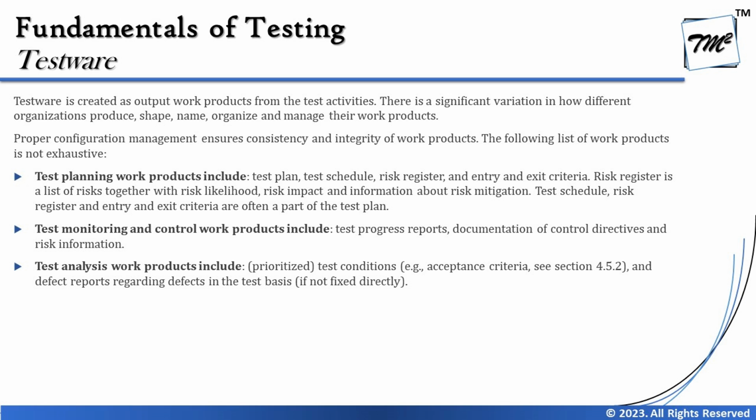If we talk about the next phase, which is test analysis, the work products included here are generally the prioritized test conditions, which include the acceptance criteria as well, and defect reports regarding defects in the test basis. So here it is more like static testing defects: as you review the requirements, the designs, and the other work products which are the basis for testing, you may find certain defects related to them.